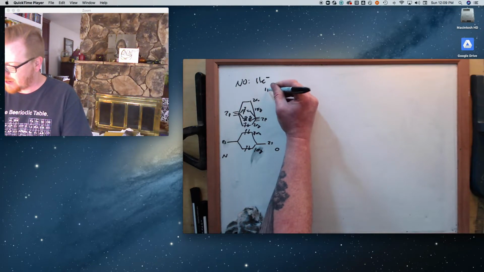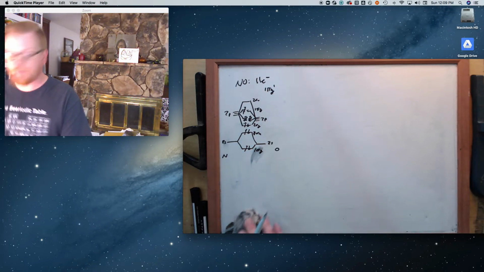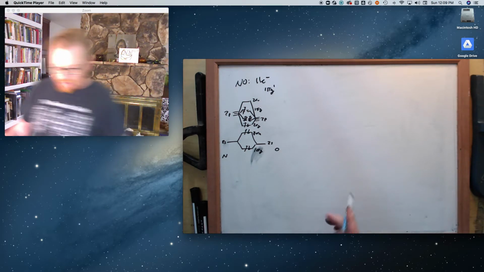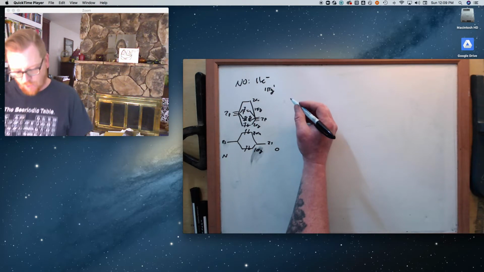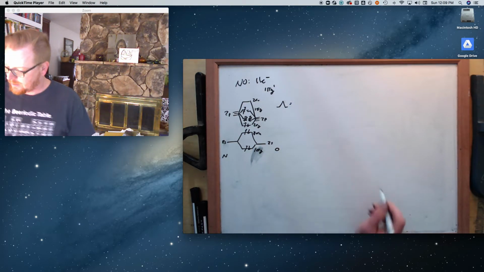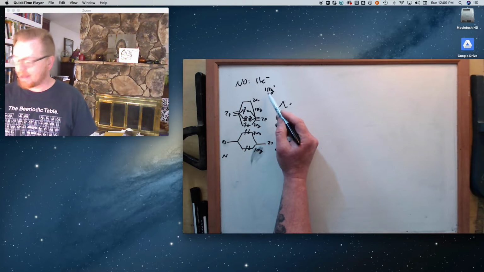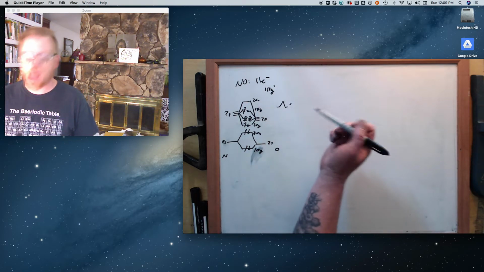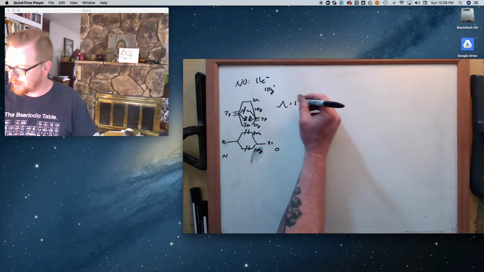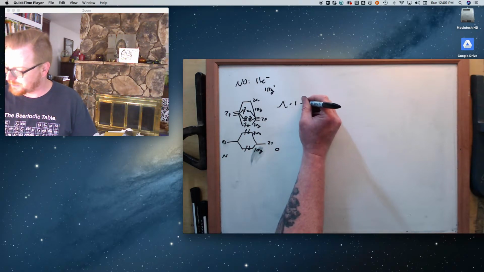So my most outer layer for NO is 1 pi g 1. If I go to do that term, my lambda could be plus or minus 1. It doesn't really matter, but what's important is that it's 1, because remember, I really do the absolute value. That's what's important.